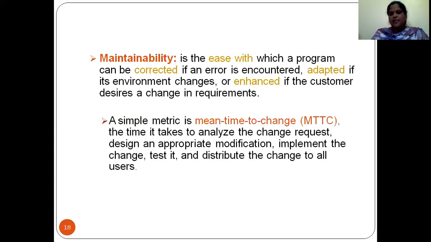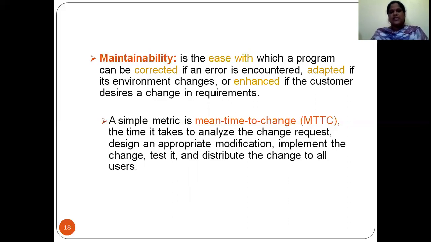Next, maintainability. It is the ease with which a program can be corrected if an error is uncovered. Whenever you are building a project, if you find any problem, the error should be easily corrected or solved. Also, if you want to adopt changes according to the latest trend, you can easily make the changes to that product, and this entire thing will be maintained by that team.